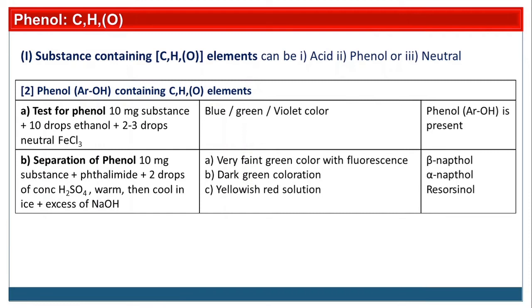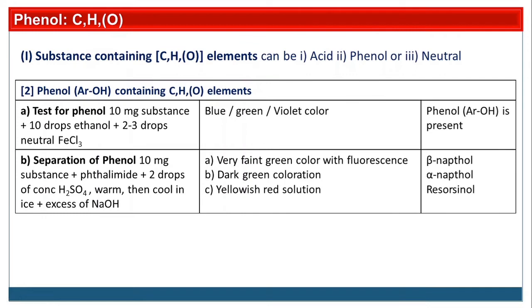If there is appearance of faint green color with little fluorescence, then beta naphthol is present. If you get a dark green coloration, then alpha naphthol is present. If the solution becomes yellowish red, then resorcinol is present.